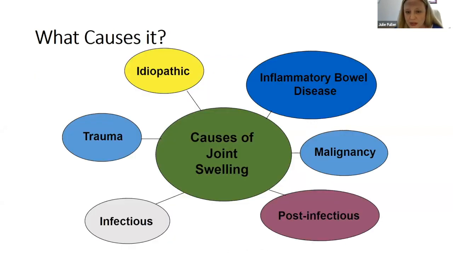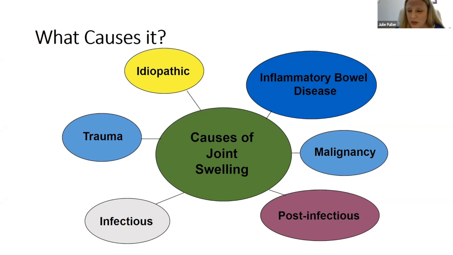So what causes joint swelling? There are a variety of causes, and every time a patient comes into our clinic, it's really our job to figure out, is there joint swelling or just joint pain? And if there is swelling present, which of these categories does it fall into? Because of course, things like Crohn's and ulcerative colitis can present with joint swelling and then initially go on to have GI involvement.